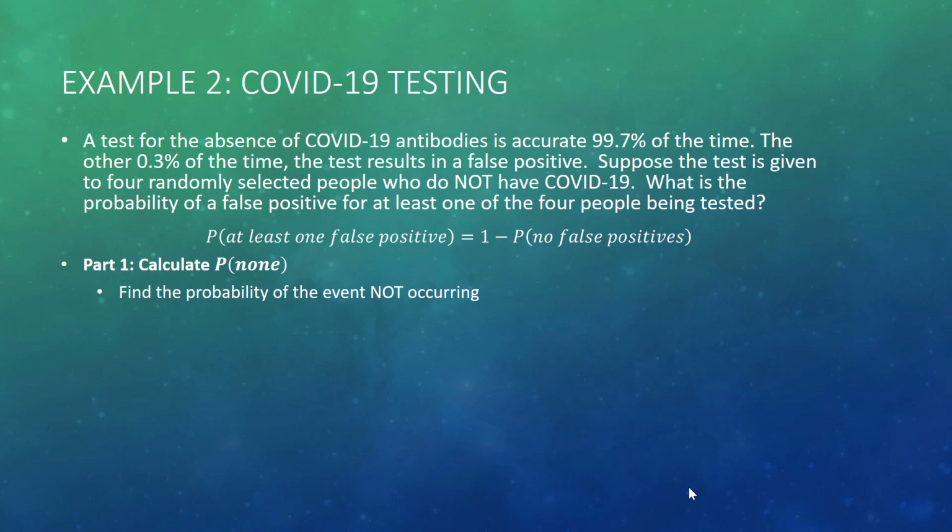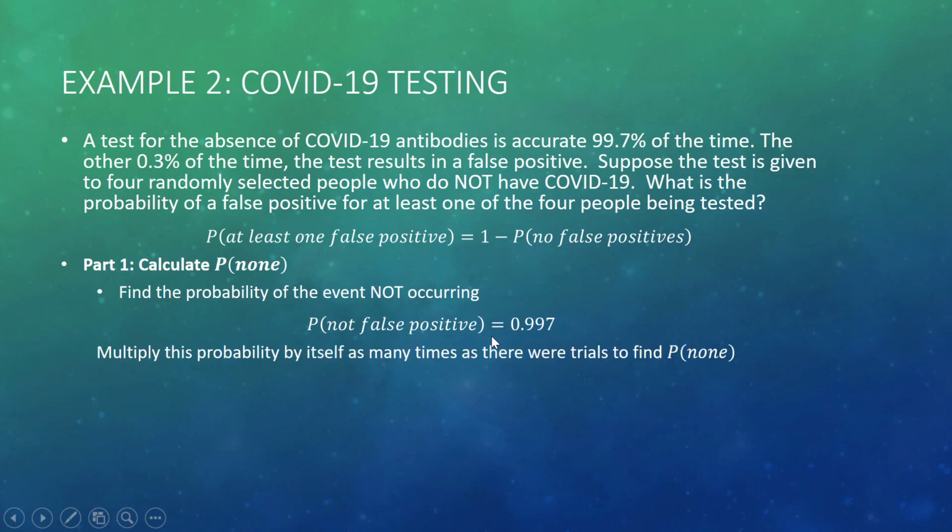And to do this, I have to figure out which probability, 99.7 or 0.3, is the probability of the event not occurring. So if the test is accurate, if it's not a false positive, that happens 99.7% of the time. So in this problem, this is the probability that represents not a false positive.